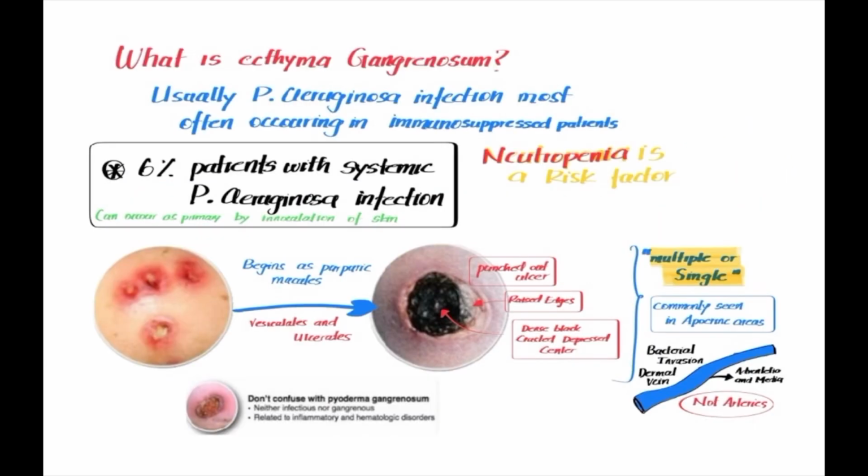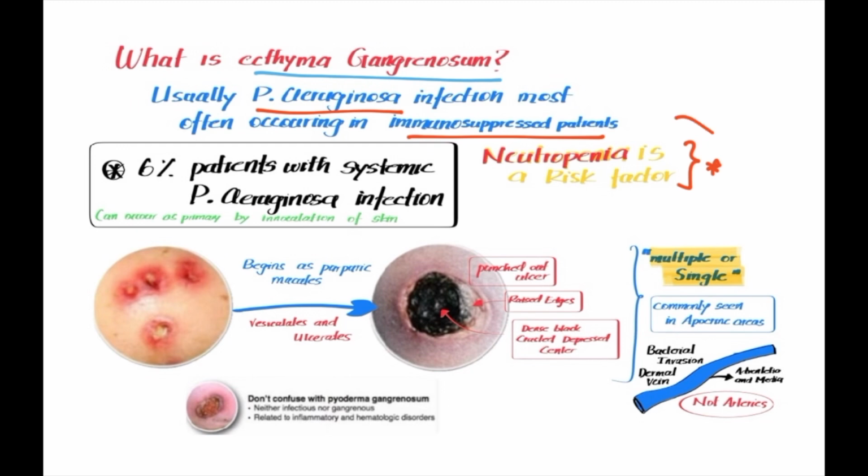There is another phenomenon called ecthyma gangrenosum. What is ecthyma gangrenosum? This is a variant of ecthyma which is caused by Pseudomonas aeruginosa in immunocompromised patients with neutropenia. So neutropenia is a risk factor for ecthyma gangrenosum.